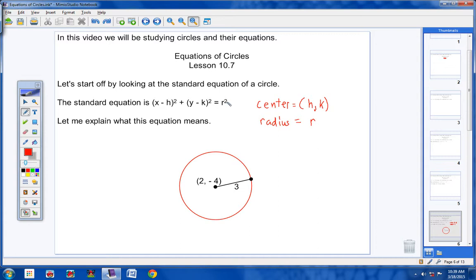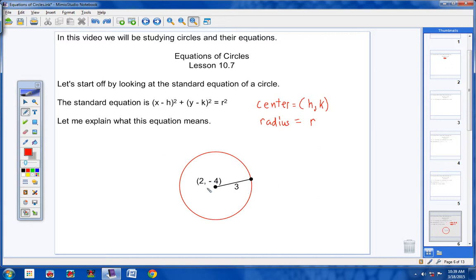Just right now, make note that the radius is always this number here squared. So, for example, if I had 5 squared, then the radius would not be 5 squared. The radius would just be 5. Got it? So the right side should have a number squared, and that number that's being squared is always your radius. Makes sense?